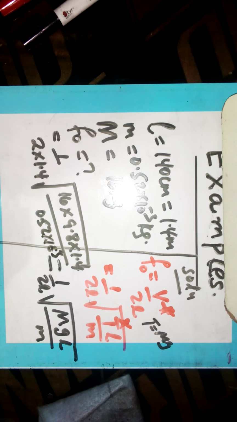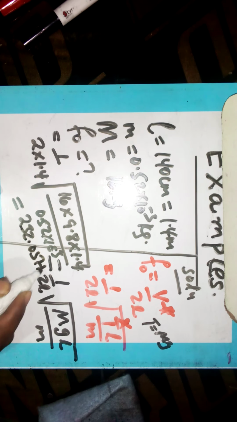Now, if your calculator is correct, you'll find that the fundamental frequency is 232.05 Hz. This is the fundamental frequency for example 2.